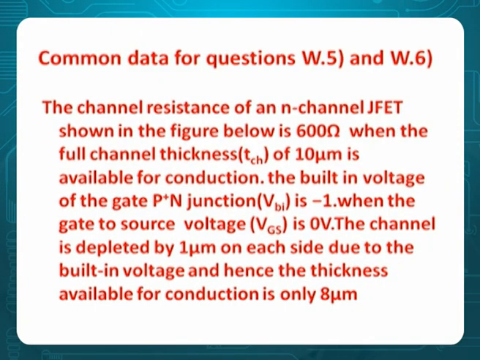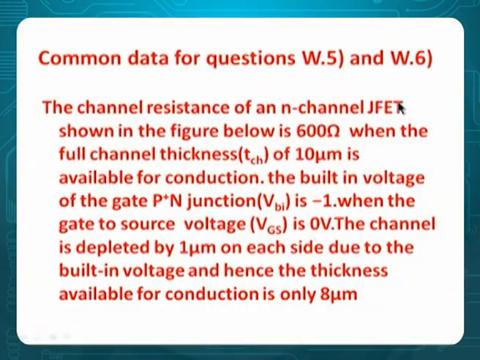Now we are going for a common data question, problem 5 and 6. The channel resistance of an N-channel JFET shown in the figure below is 600 ohms when the full channel width of 10 micrometers is available for conduction. The built-in voltage of the gate PN junction is minus 1 volt, where the gate source voltage is 0.